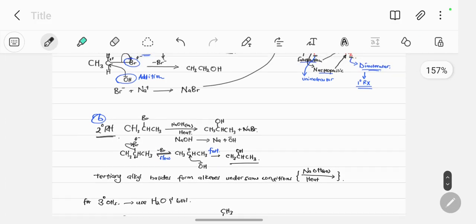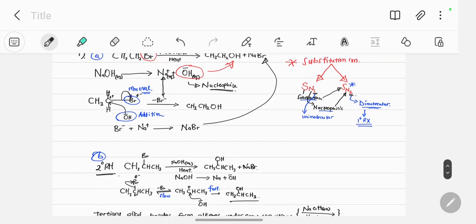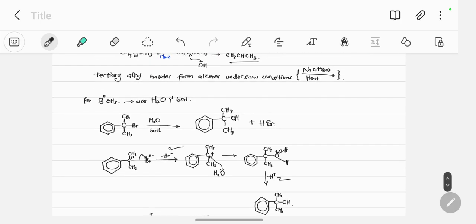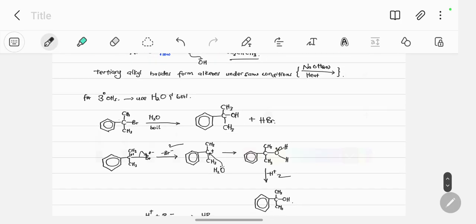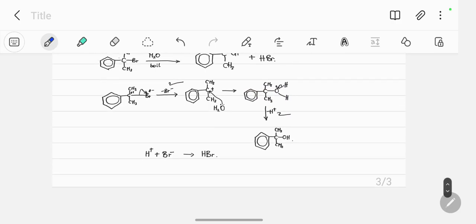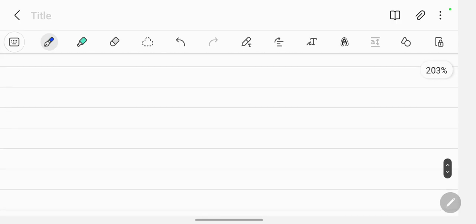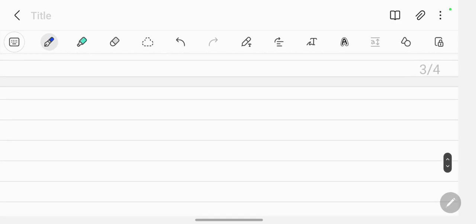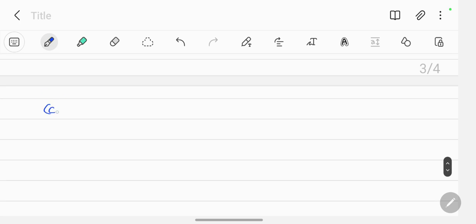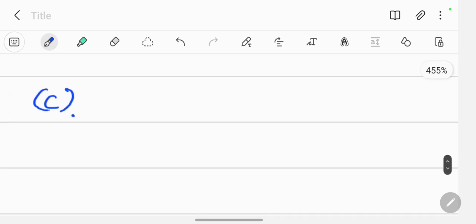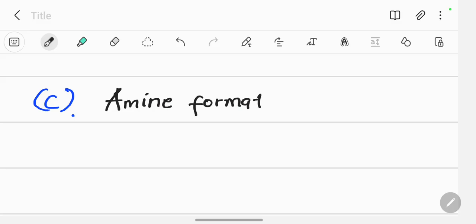So this one was reaction B. I'm moving on to reaction C. And for reaction C, I'm having amine formation.